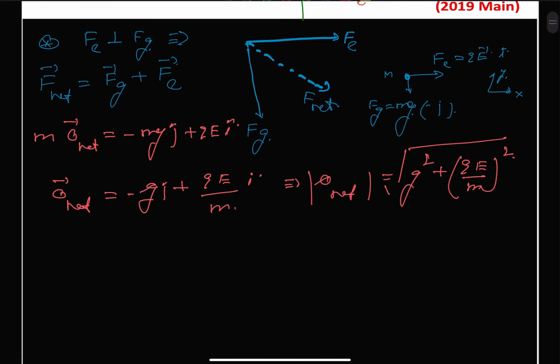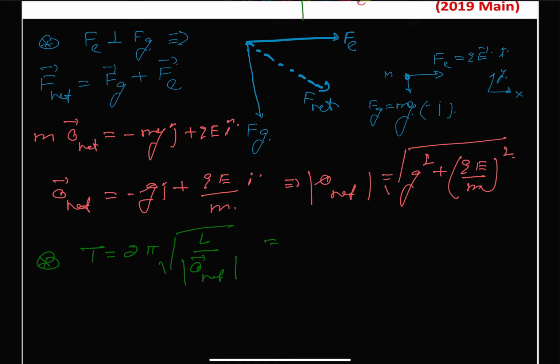And we already know the formula for the standard pendulum, that the time period T is equal to 2 pi square root of length divided by the magnitude of net acceleration.